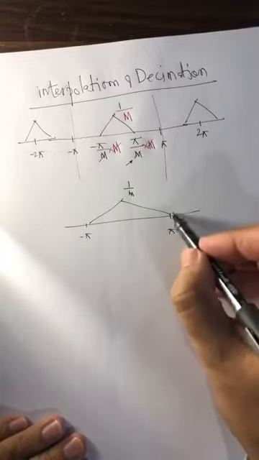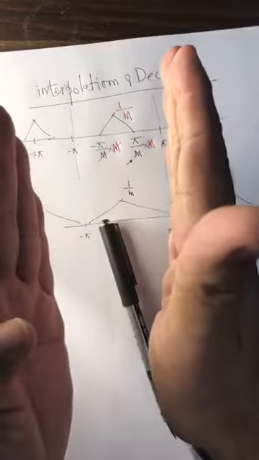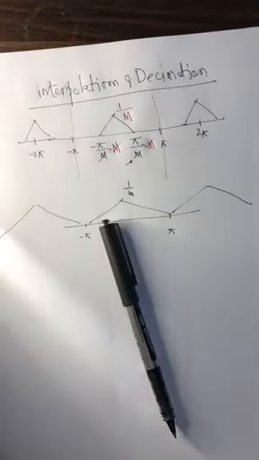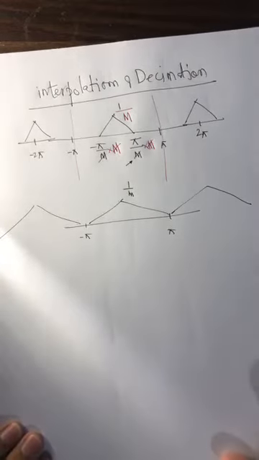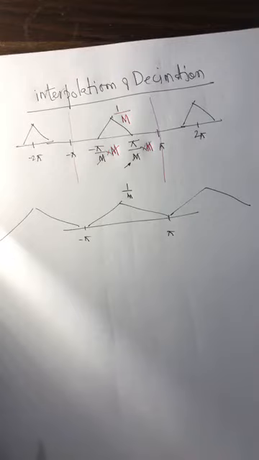So your primary focus is the spectrum from minus pi to pi. Once you are doing decimation, these are the two steps which you perform.